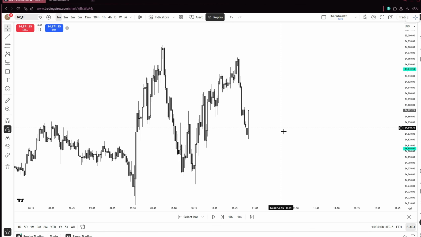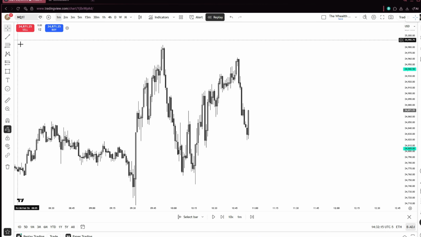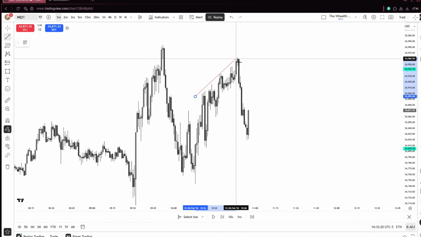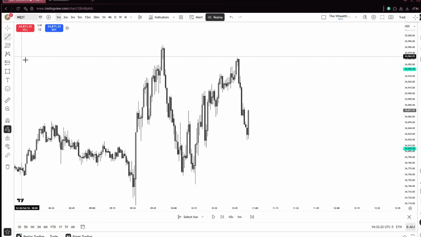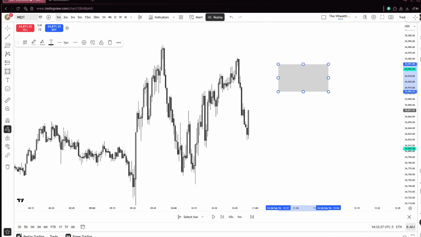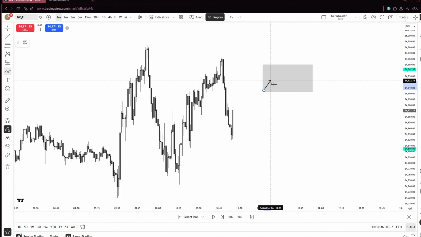Maybe, I don't know. What I don't like about this short is the manipulation paired with the AMD. As you can see here, we have a little bit of a trendy accumulation, and we never broke out of it. So we have an accumulation in a box. Accumulation is always a box. A trendy accumulation is like an accumulation, but it has a clear trend.